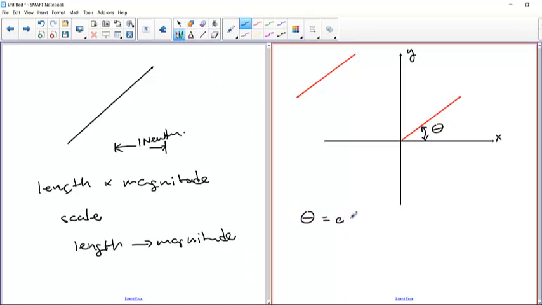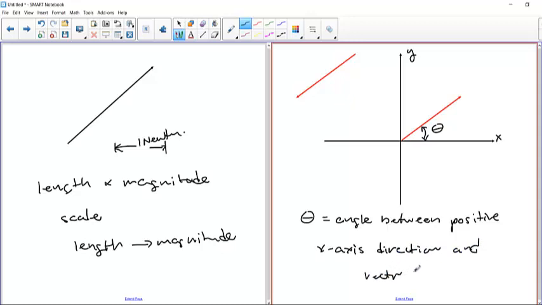So this is the angle between positive x-axis direction and vector direction.